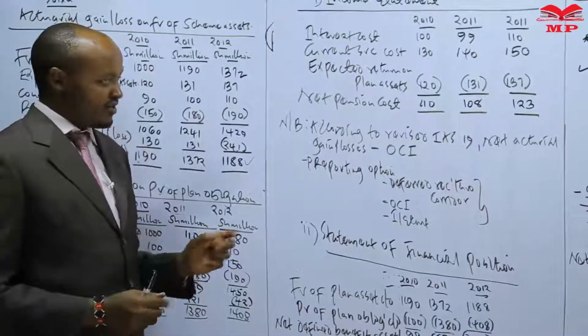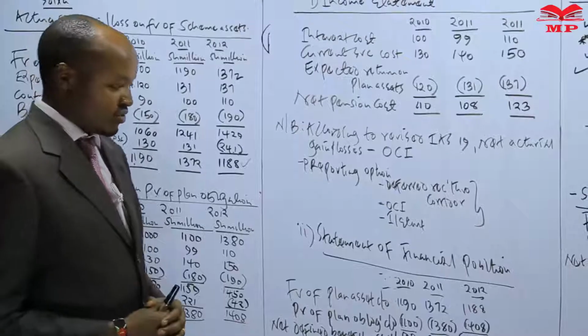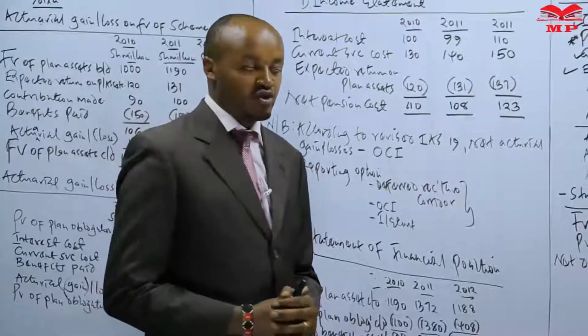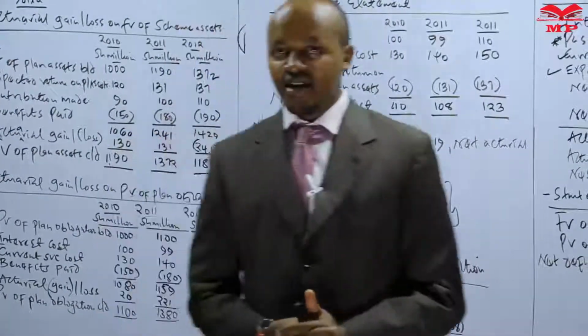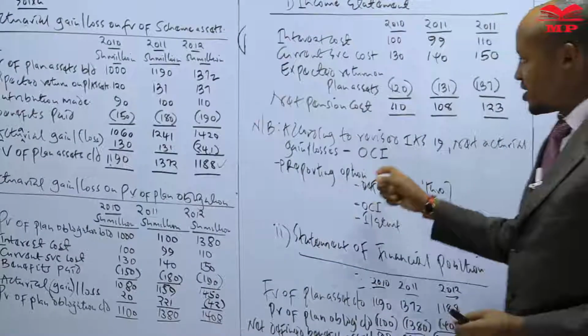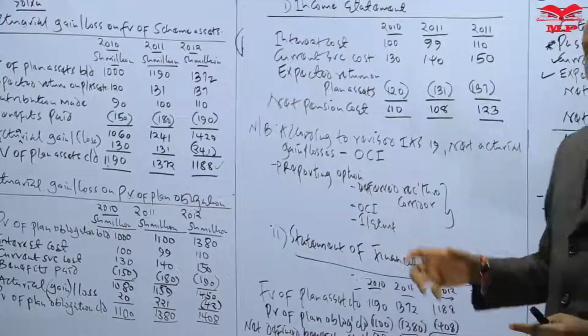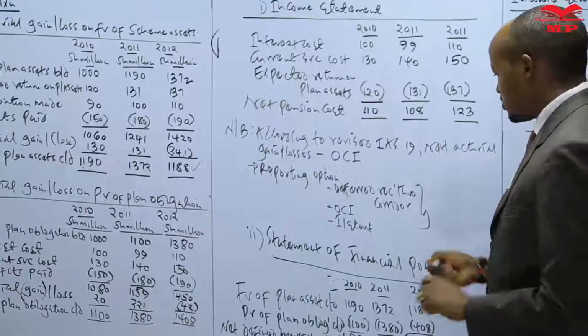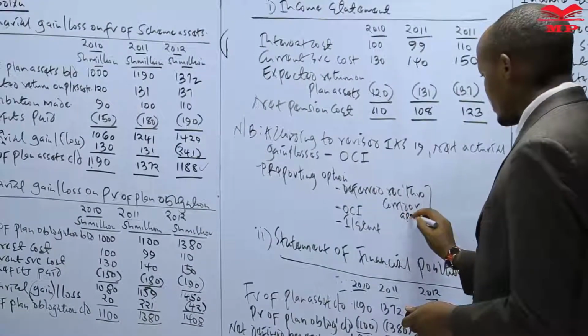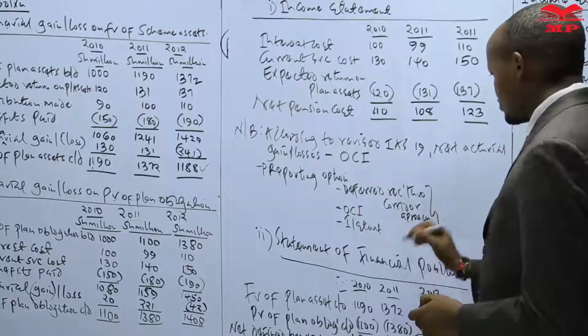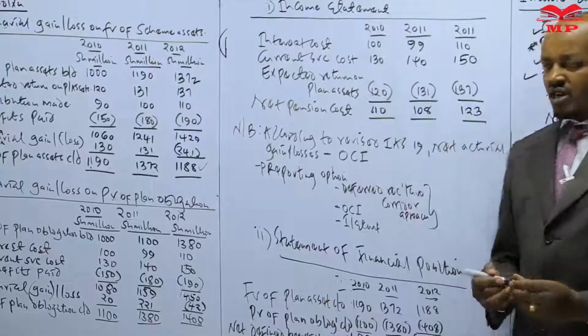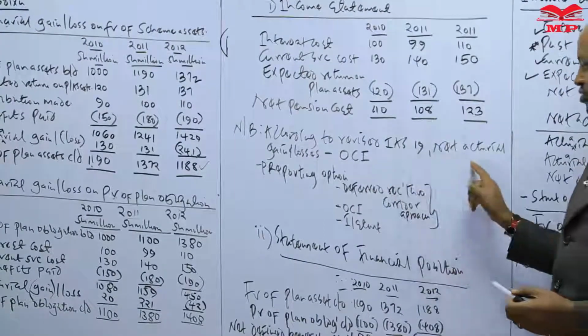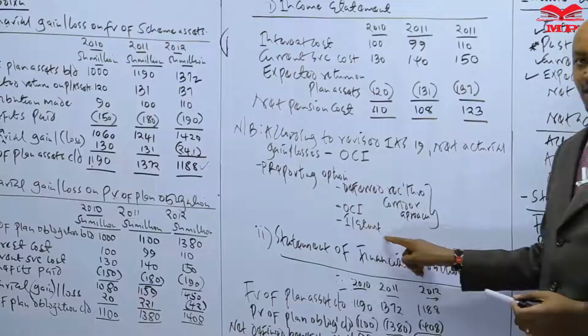Now, what is very, very important in that question, and what as a student you need to remember, is how to account for this net actuarial gain or losses, because you'll see some questions talking of something known as a corridor approach. Still, that question there was talking of recognition of actuarial gain or loss through retained profit.